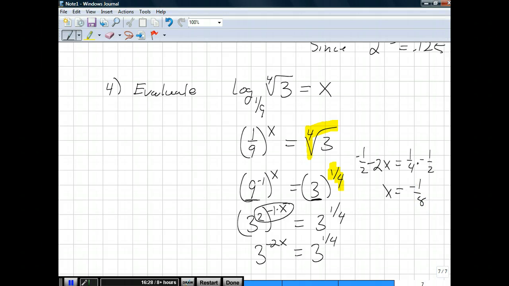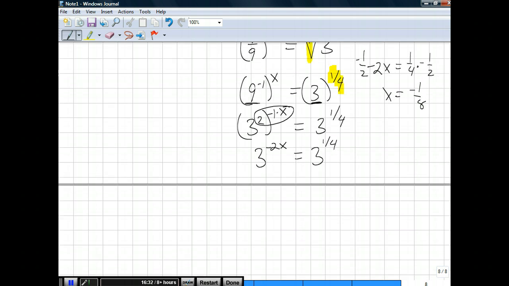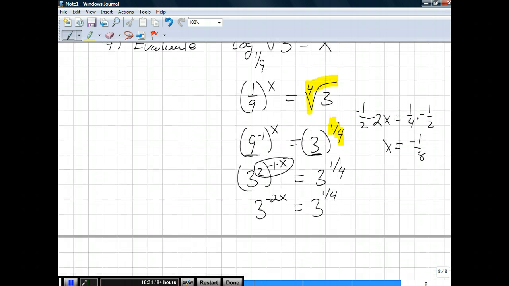So log base 1/9 of the 4th root of 3 is exactly equal to negative 1/8. That is the value of that log.